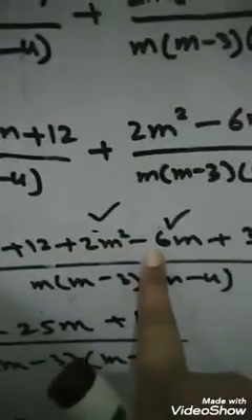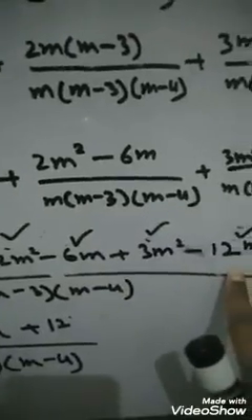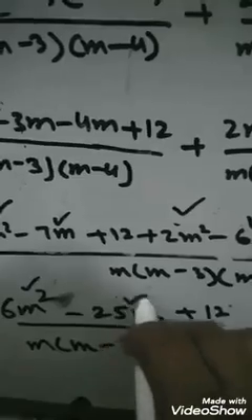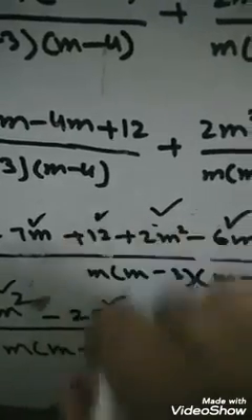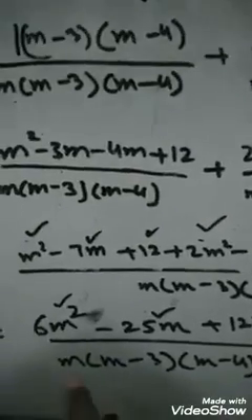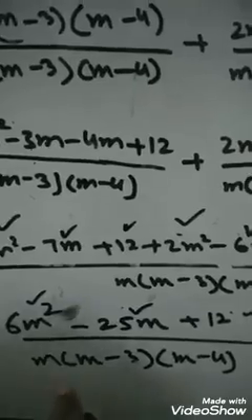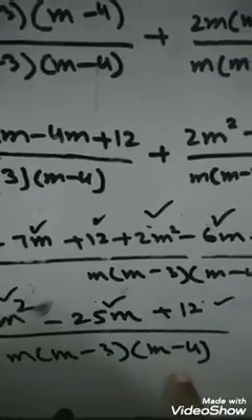Minus 7m minus 6m will be equal to minus 13m, and minus 12m and minus 13m will be equal to minus 25m. And the last one, positive 12, will be here. This is our final answer: 6m square minus 25m plus 12 over m into m minus 3, m minus 4.